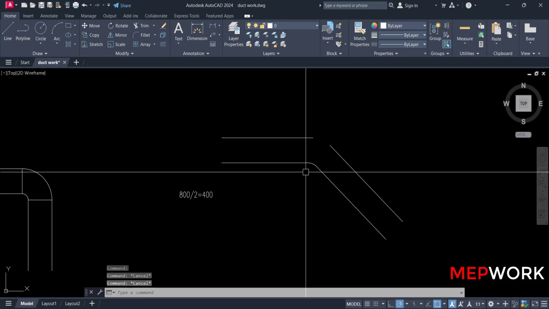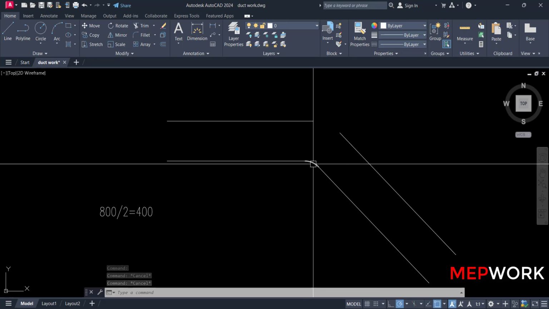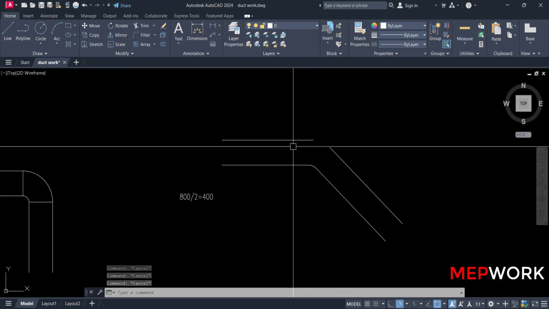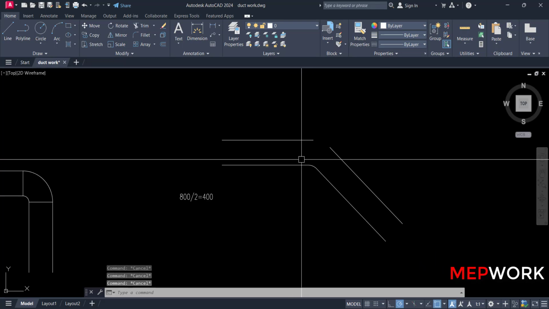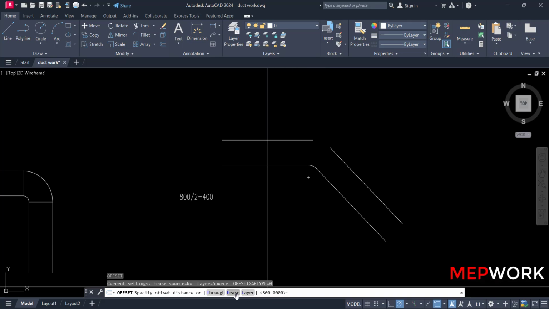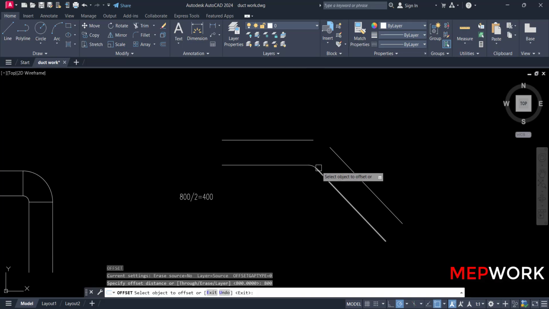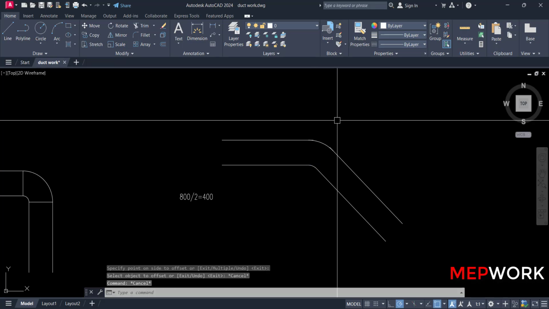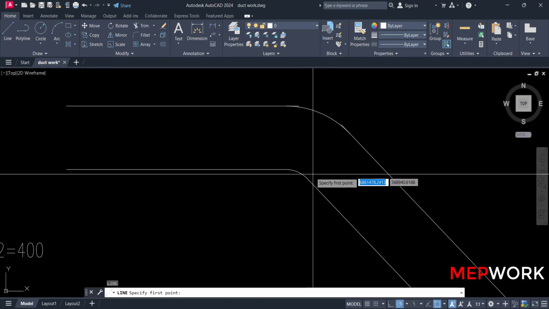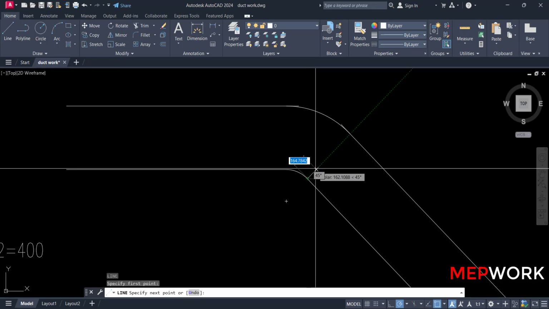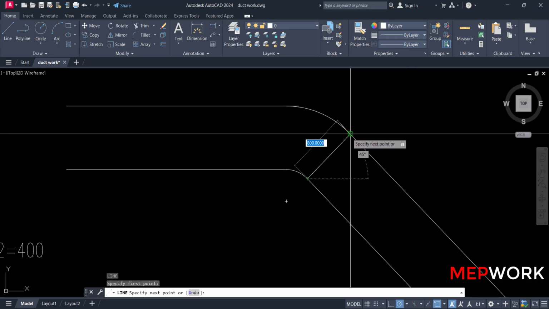And the third step is to take an offset from this arc with the duct width, offset 800. The fourth step is to complete this 45-degree elbow.